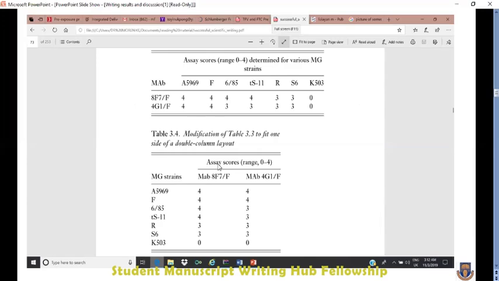Now, again, when we are doing a table, usually you put your exposure on the row and you put your outcome on the column. So this is the column. This is where your outcome should be, and this is where your exposure should be, where I'm doing a cross tabulation.